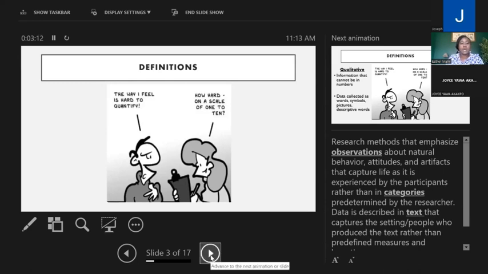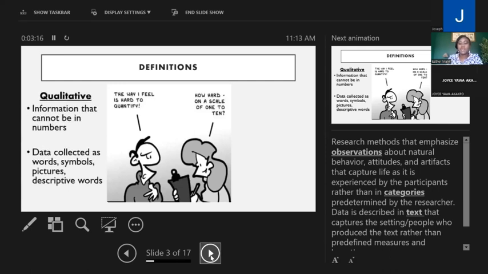When we talk about qualitative research, we're talking about information that we are able to collect, receive from people that we ask questions. But oftentimes these responses that we receive are in the form of words, sentences, symbols, pictures, statements that individuals give us, right?